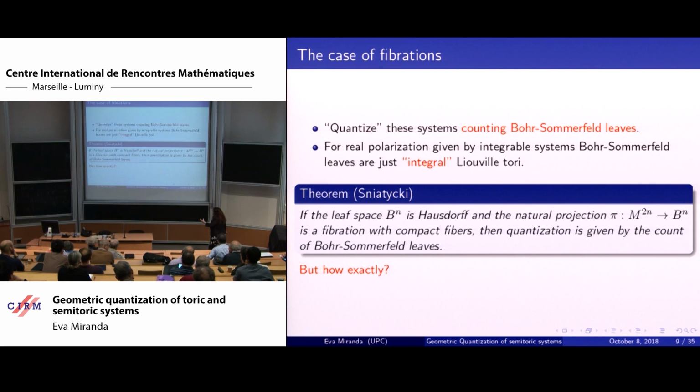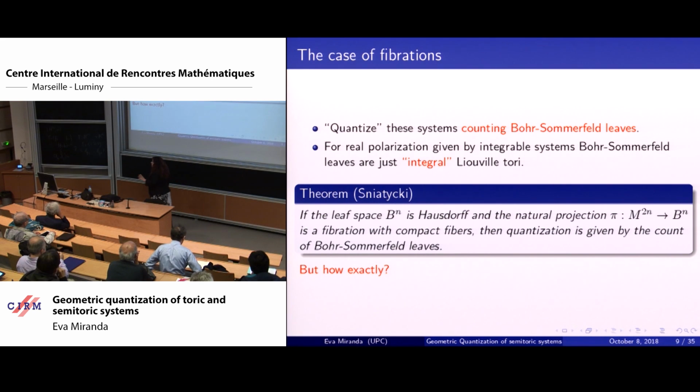How can you identify this quantization with counting the Bohr-Sommerfeld leaves? There is a theorem by Śniatycki which tells me that this is the case, that you can quantize by counting the number of Bohr-Sommerfeld leaves. But how do you do this? How did he define it? Well, in which cases?